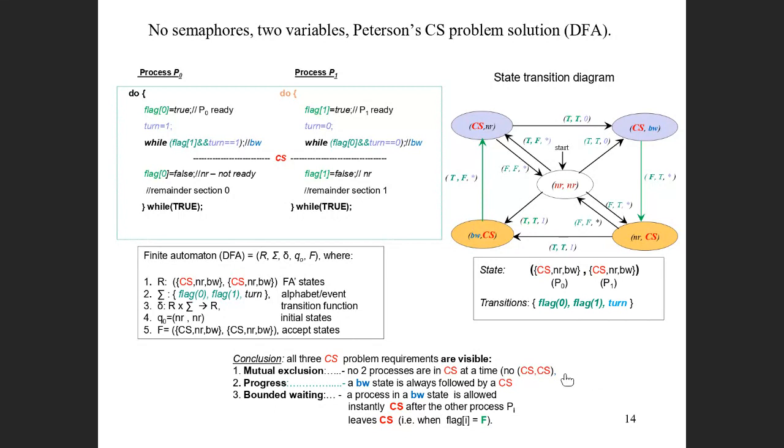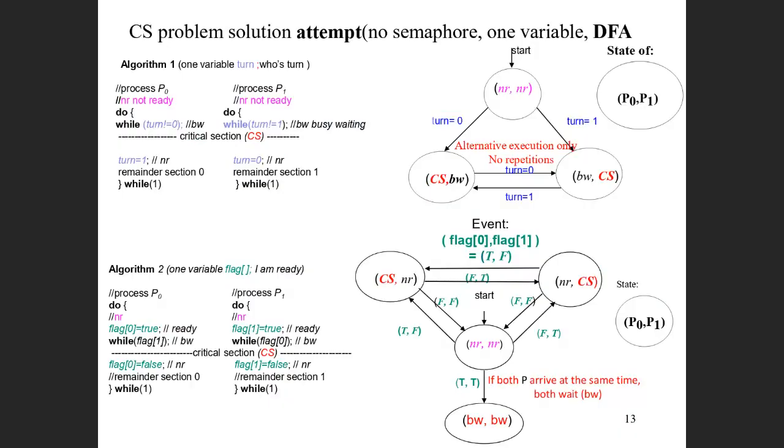So this is clearly visible here in Peterson's solution. Try to analyze the same way which of those three critical section requirements are not satisfied in algorithm 1 and in algorithm 2, with the graphical interpretation of those finite automata graphs.